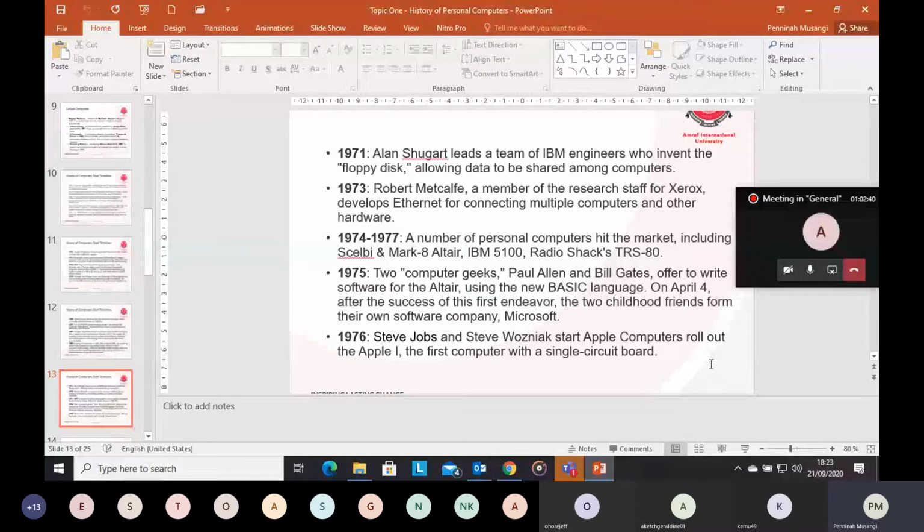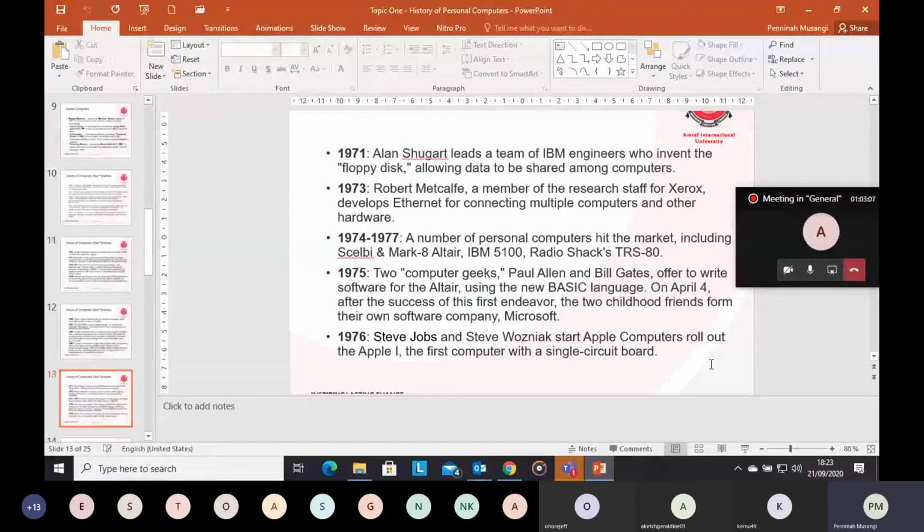1975, two computer geeks, Paul Allen and Bill Gates, offered to write software for Altair. We have seen in the previous bullet that Altair was one of the brands of personal computers which was in the market. So Paul and Bill offered to write software for that computer, and they were using BASIC language.